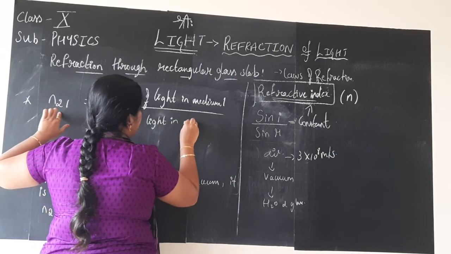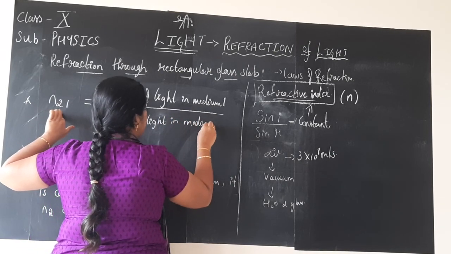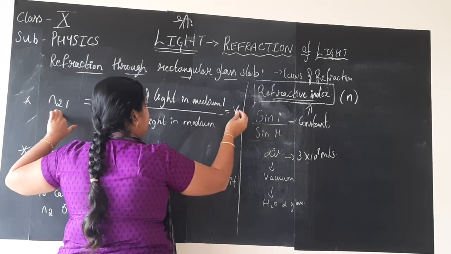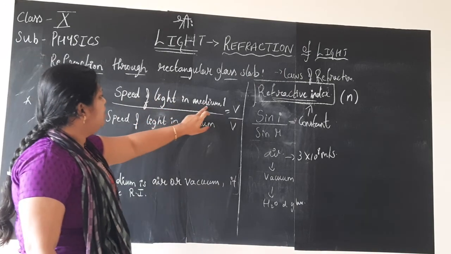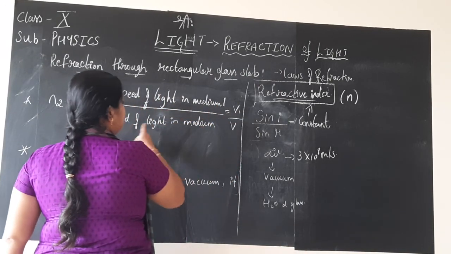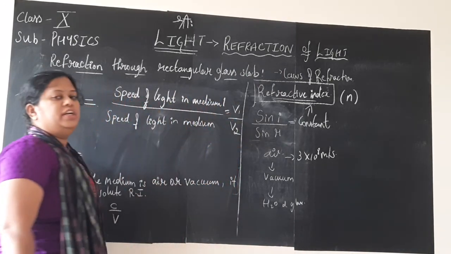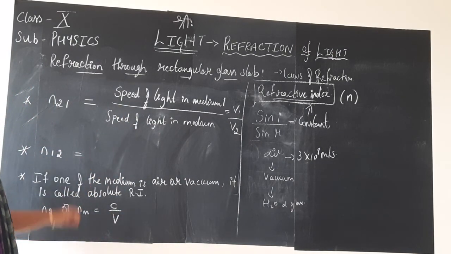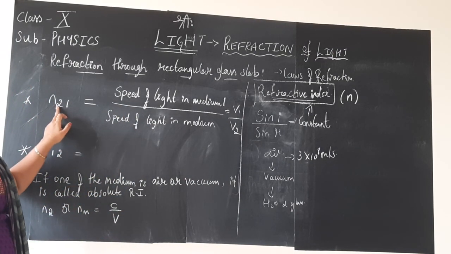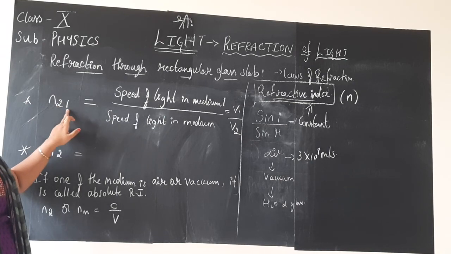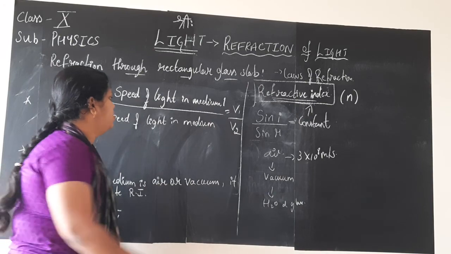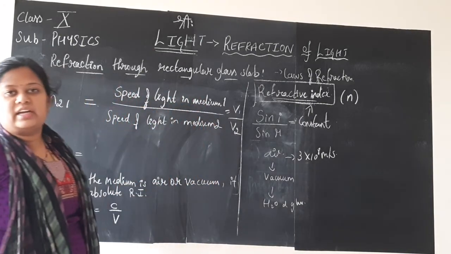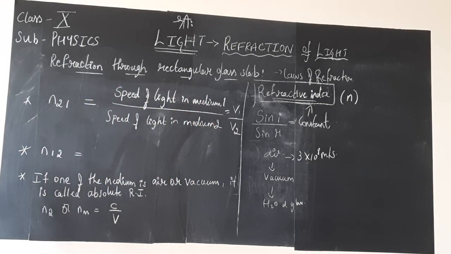Please observe here, I have written n21, children. You know velocity or speed is represented by letter V. Speed of light in medium 1 is V1, and speed of light in medium 2 is V2. Here, I have written the second medium, that is 2, first and 1 second. But while writing the ratio, medium 1 comes first and medium 2 second, that is in the denominator. Like this only you should write.